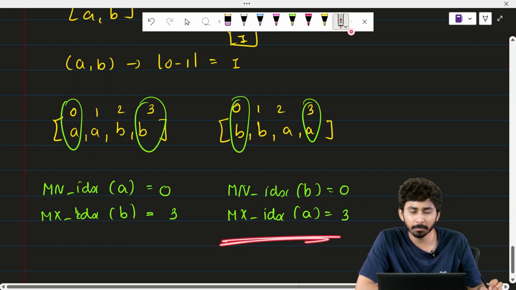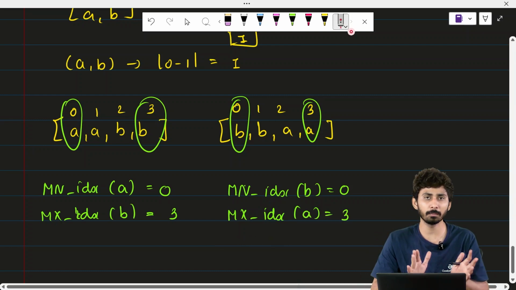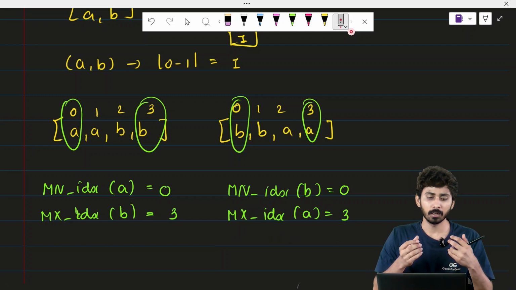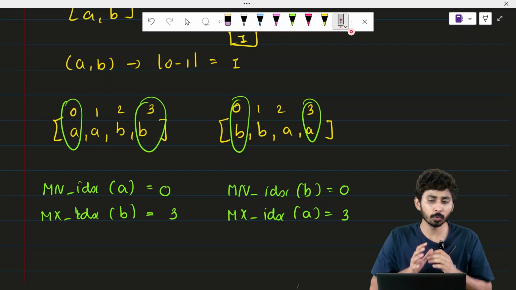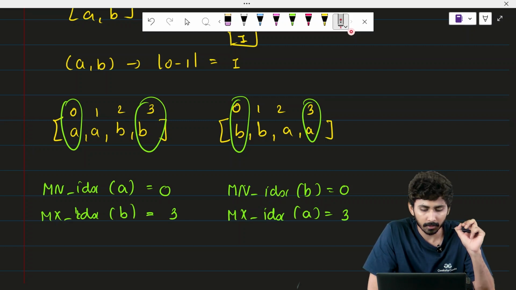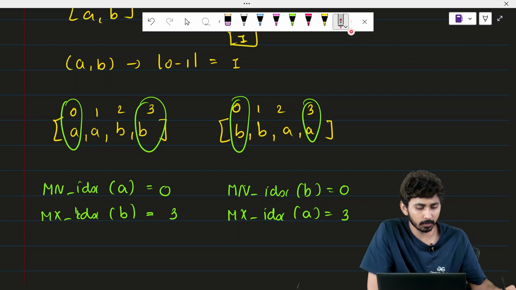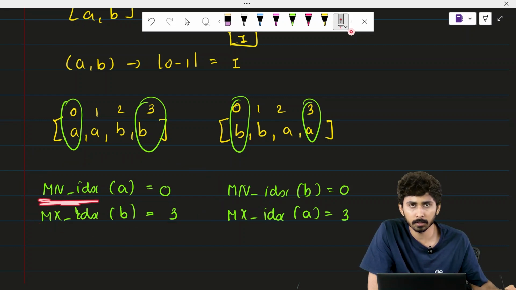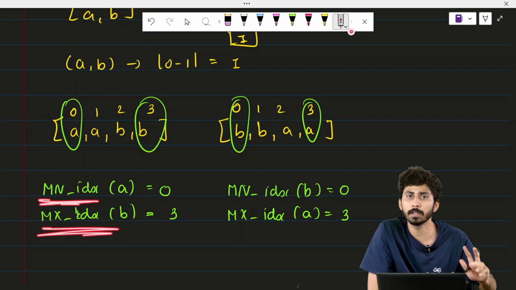So this gives you the maximum answer, right? So my explanation is that you need to keep only 2 indices of every element. You just need to keep track of only 2 types of indexes. One is the minimum index and one is the maximum index of every element.